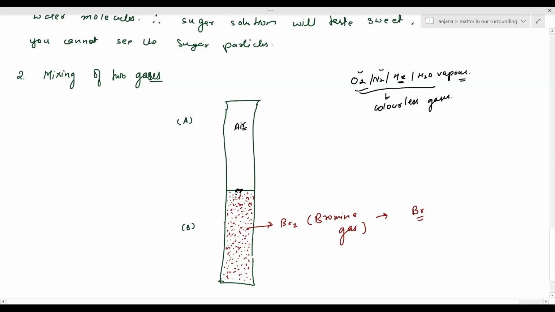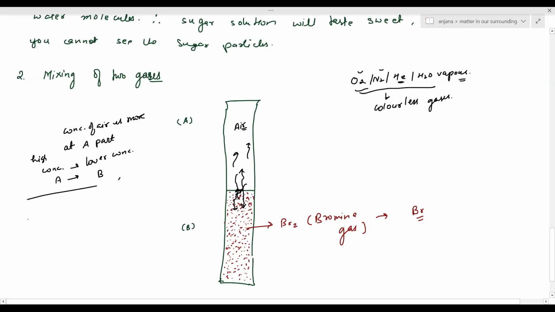The gas molecules from the bromine, this B side, will start moving and occupying the spaces in air, and the air particles will come here and start occupying the spaces in part B. Basically, the concentration of air is more at part A, so it is going to move from higher concentration to lower concentration, that is from part A to part B. This is for the case of air.